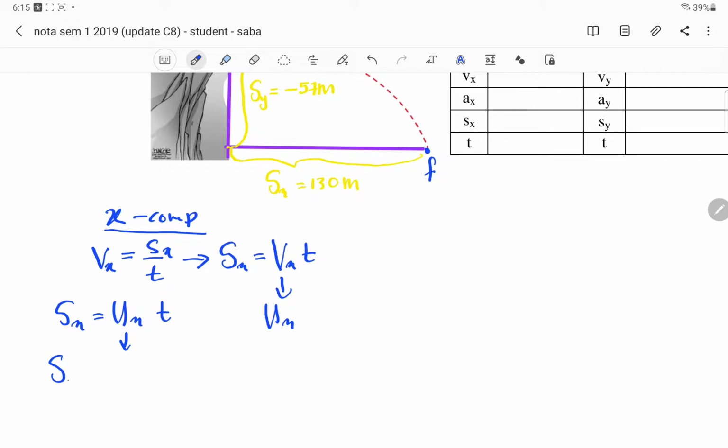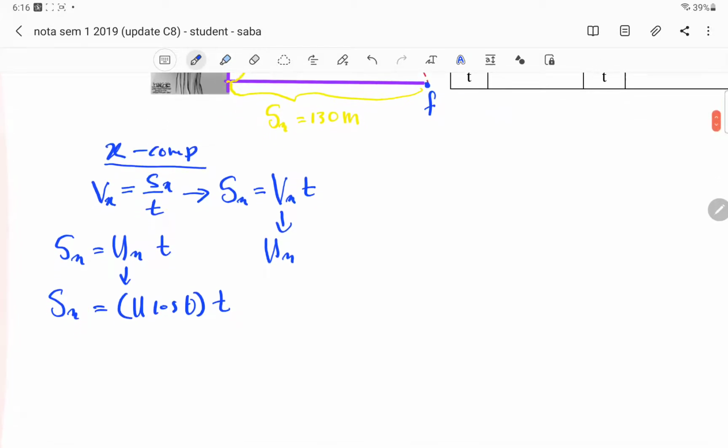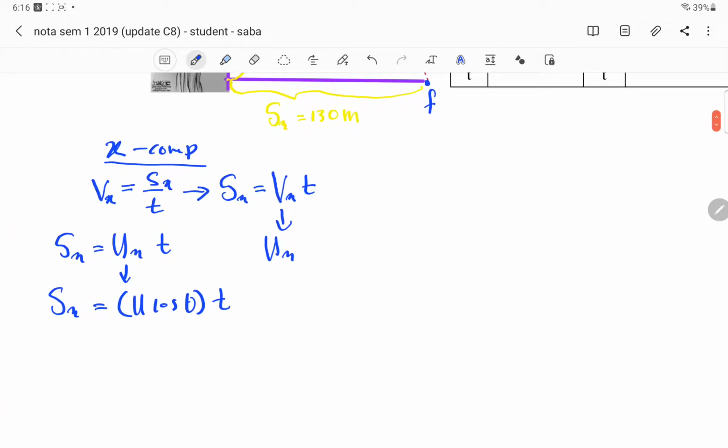So kita boleh tulis Sx is equals to, in bracket, U cos theta darab dengan T. Okey, apa yang ada kita cuba ganti. Setelah kita membina equation dalam X component, contoh Sx kita ada. So kita gantilah Sx 130, U kita tak ada. So U cos 0 degree times T. Cos 0 is equals to 1. So kita simplify lagi equation ni. 130 is equals to UT.